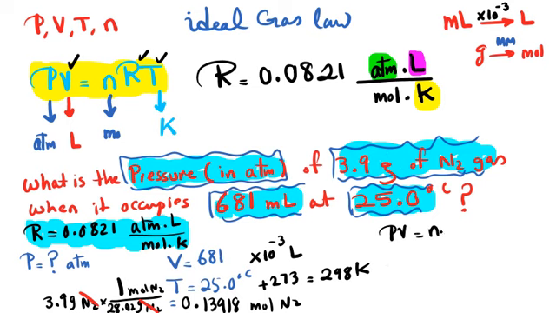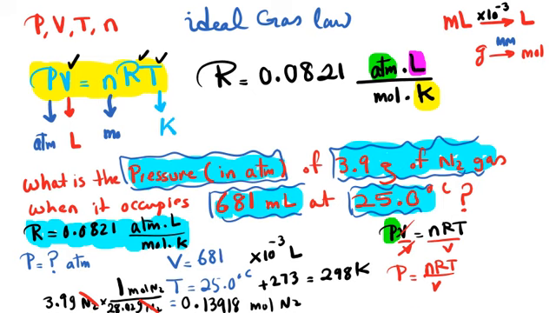PV equals nRT, and we need to keep pressure and rearrange the equation. I need to divide both sides by volume. So volume and volume cancel out, and pressure is nRT over V.